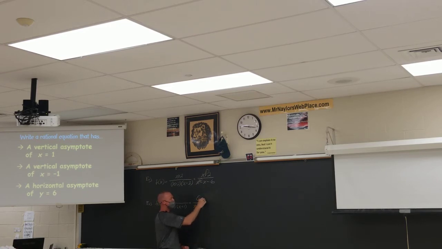What if I put a 6x squared? It's one of those you got to play along with me for a second. What if? Well, now my degrees are equal, and the rule says that I could use a over b. Now, a over b would be like 6 over 1.